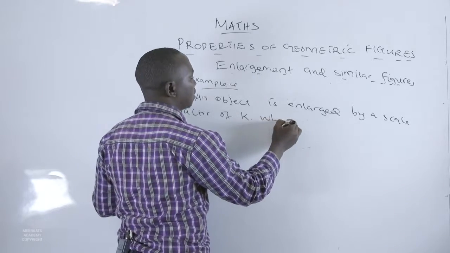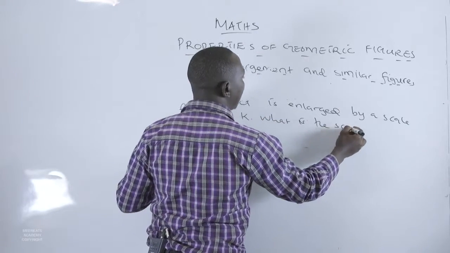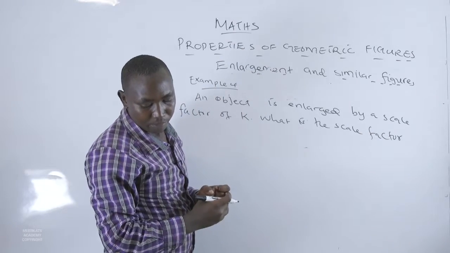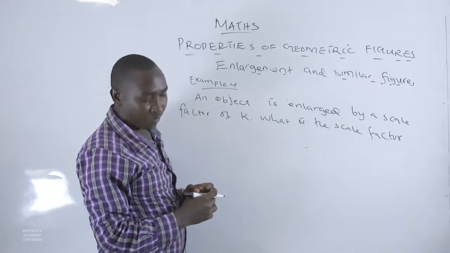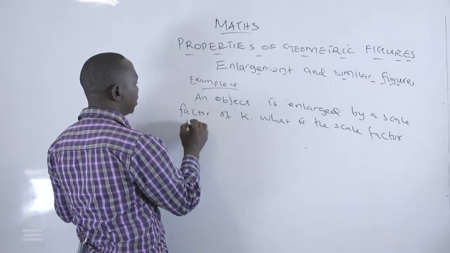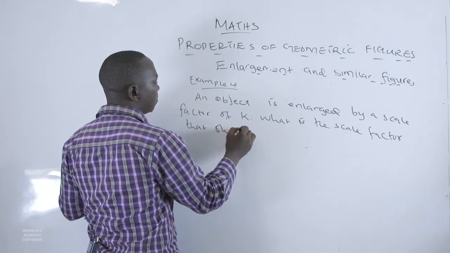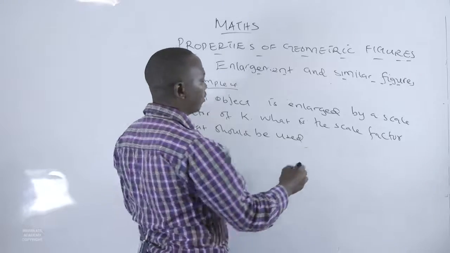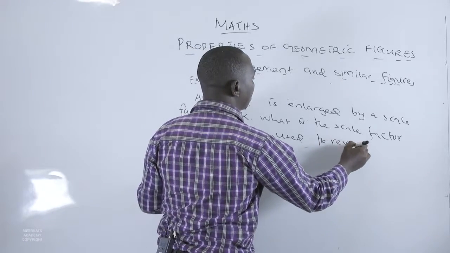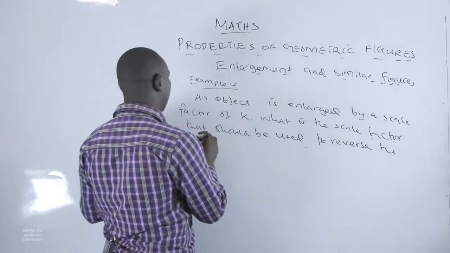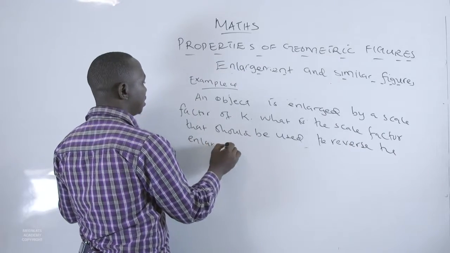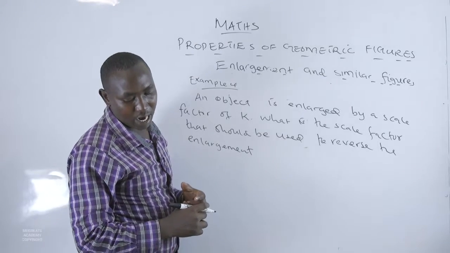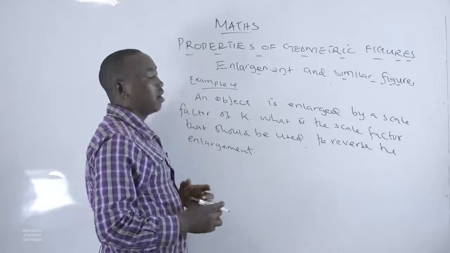What is the scale factor that should be used to reverse the enlargement in question.